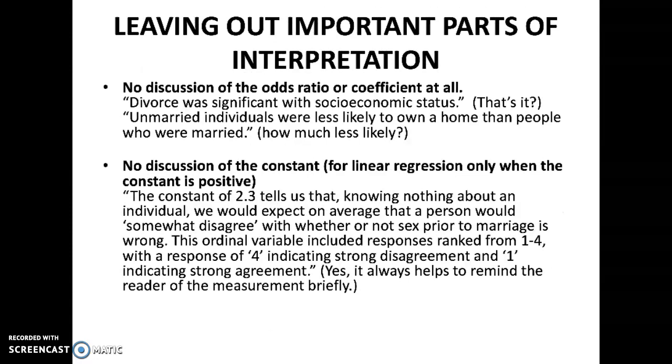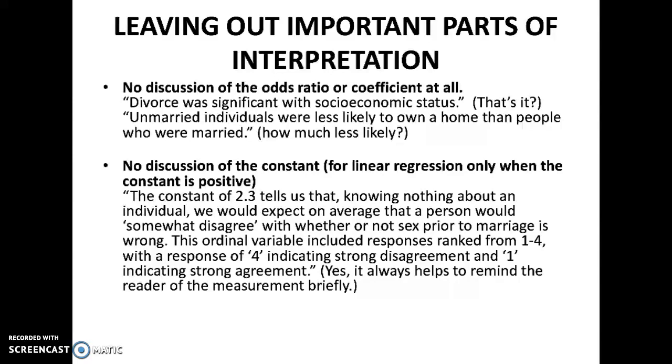Last thing I'll talk about, leaving out important parts of interpretation. This can be a big ding on your score. So, no discussion of the odds ratio or coefficient at all. If you just say something like, divorce was significant with socioeconomic status. That's it, really? Well, what were the numbers telling us? Some people are intimidated by the statistics that SPSS spits out, so they just write up the English stuff, but they don't tell us the stats.